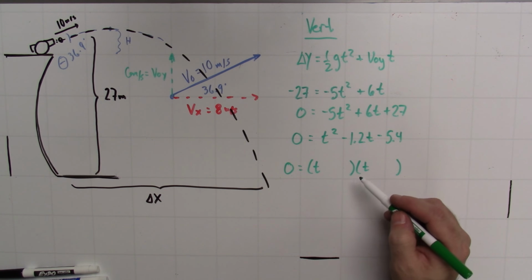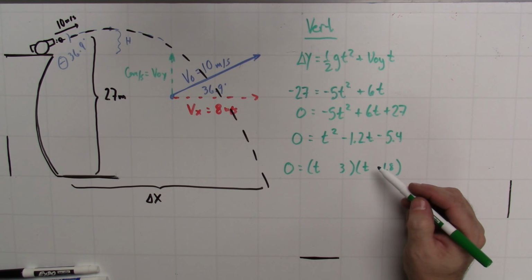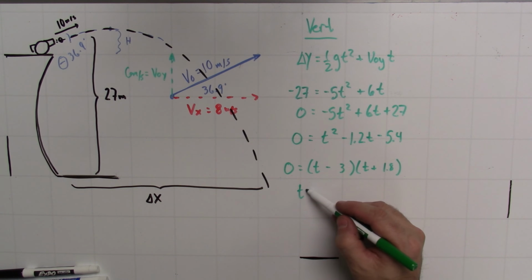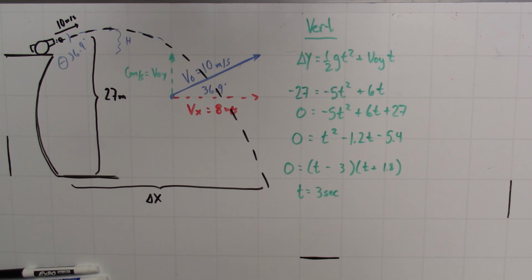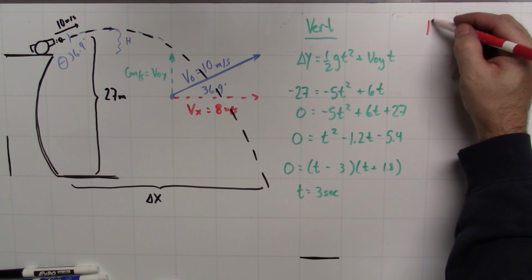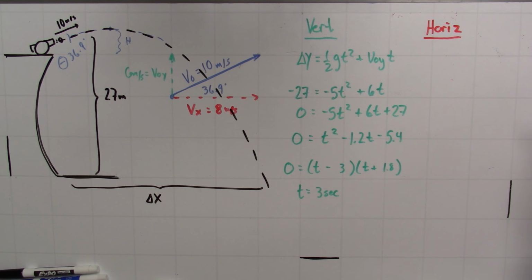For t, I have 3 and I have -1.8, and so we can see t is equal to 3 seconds. So this gives us the vertical component here. And once we have the vertical component, we can go back and look at the horizontal component to see how far it goes.